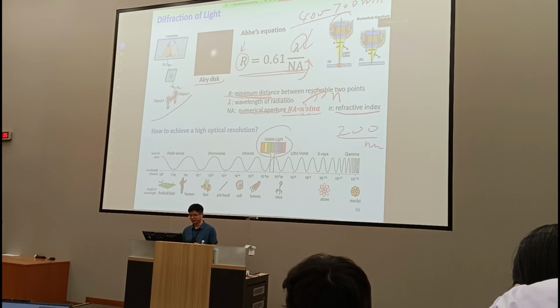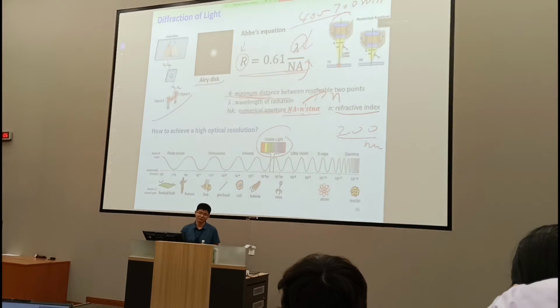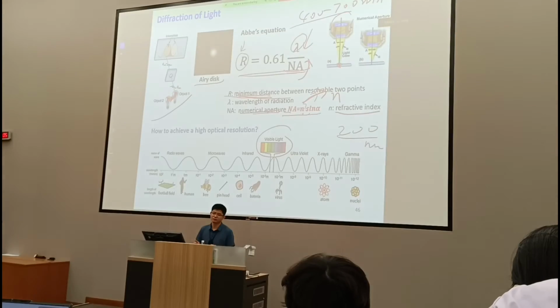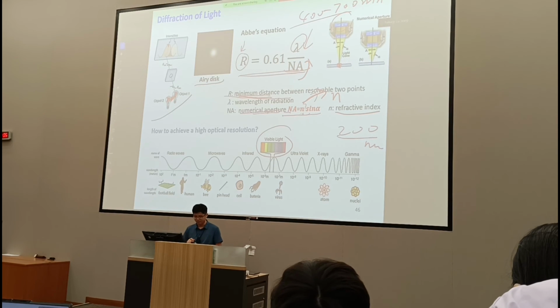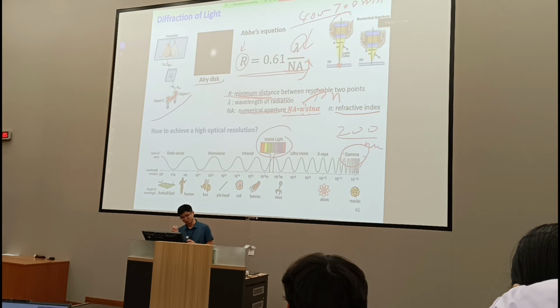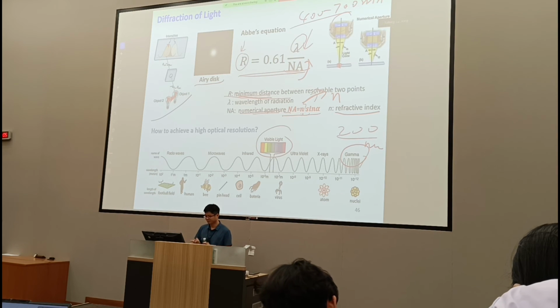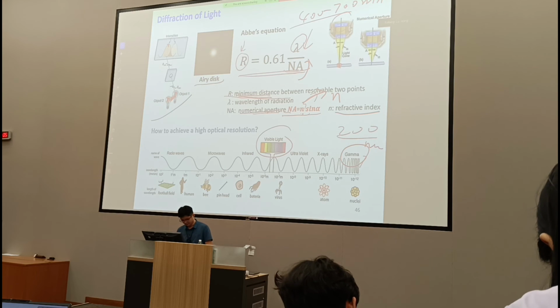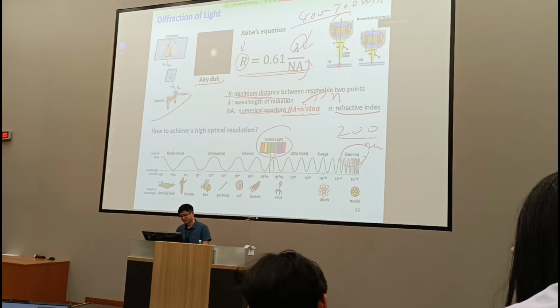We can use X-rays for optical imaging. In principle, yes. X-rays have high energy and smaller wavelengths, but they're not easy to operate with. You could even use gamma photons, which are not so friendly to us. So not good.